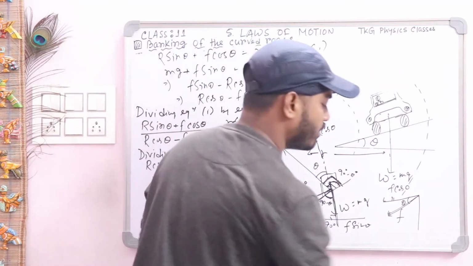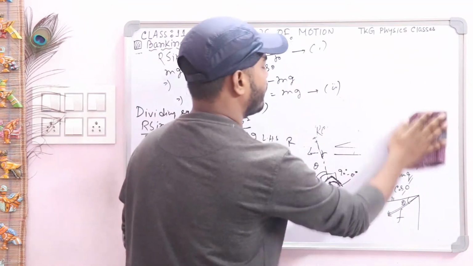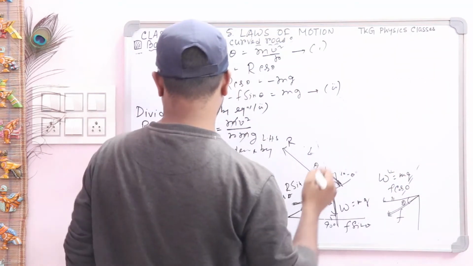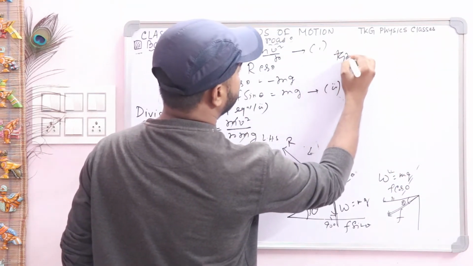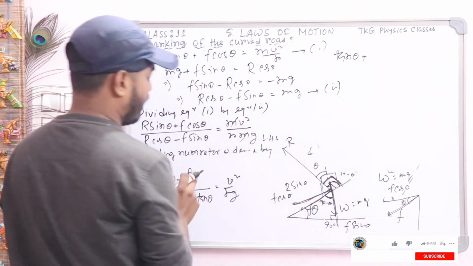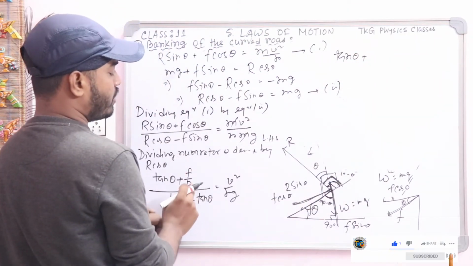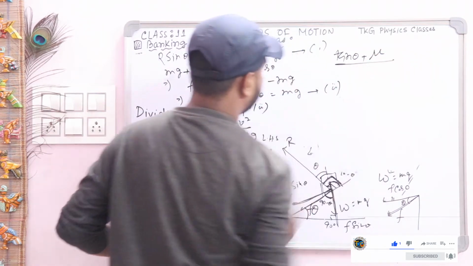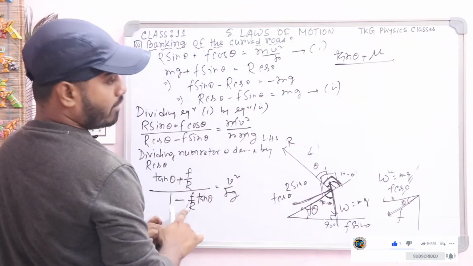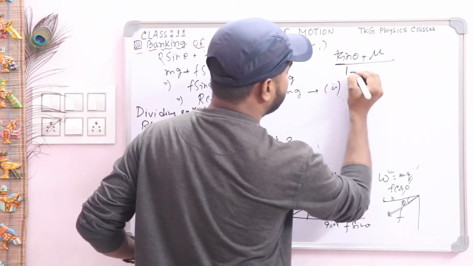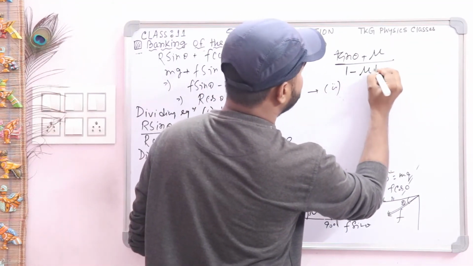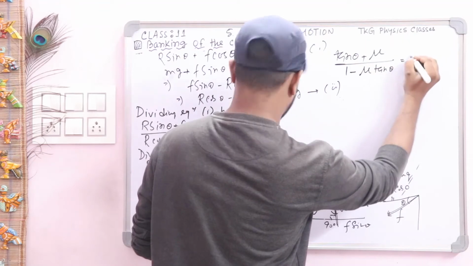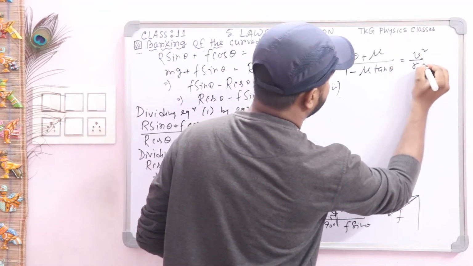So now simplify this part. This will be tan theta plus f by R, frictional force by normal reaction, that is mu, divided by 1 minus f by R, mu tan theta, so 1 minus mu tan theta, and that is equal to v square upon rg.